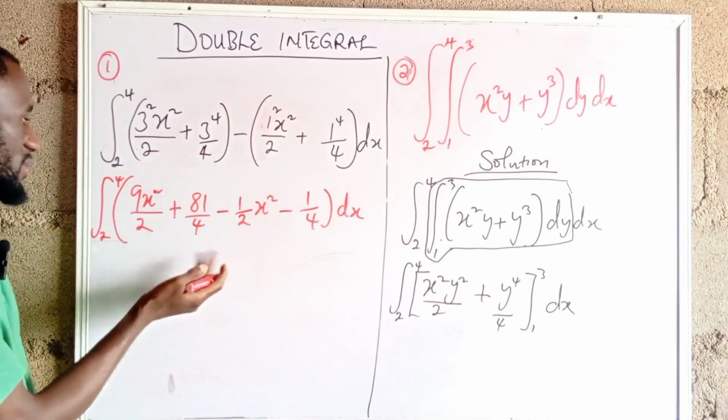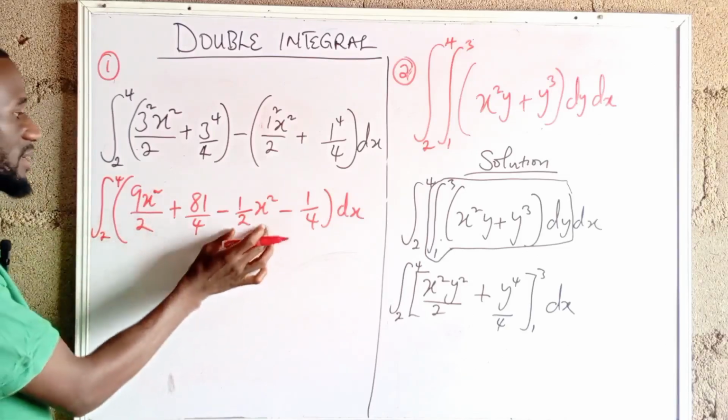Now by simplifying this, we have to add those that have x squared.